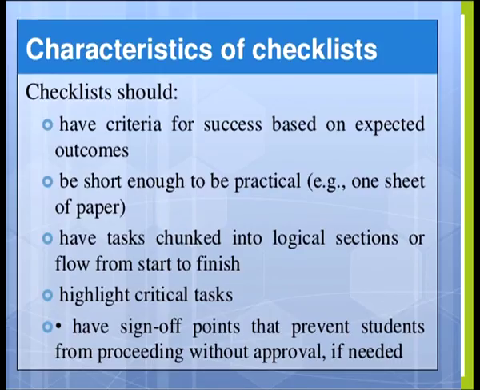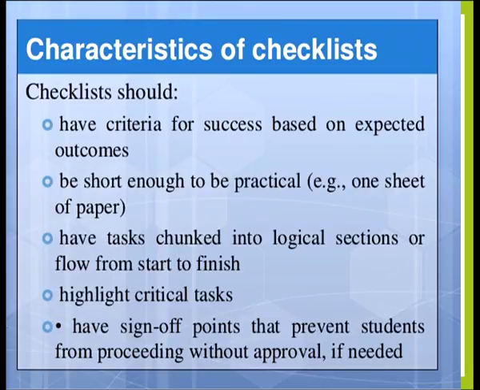Now, characteristics of checklist. A checklist should have criteria for success based on expected outcomes. It should be short enough to be practical. Hopefully, it must be one sheet of paper, have tasks chunked into logical sections or flow from start to finish.